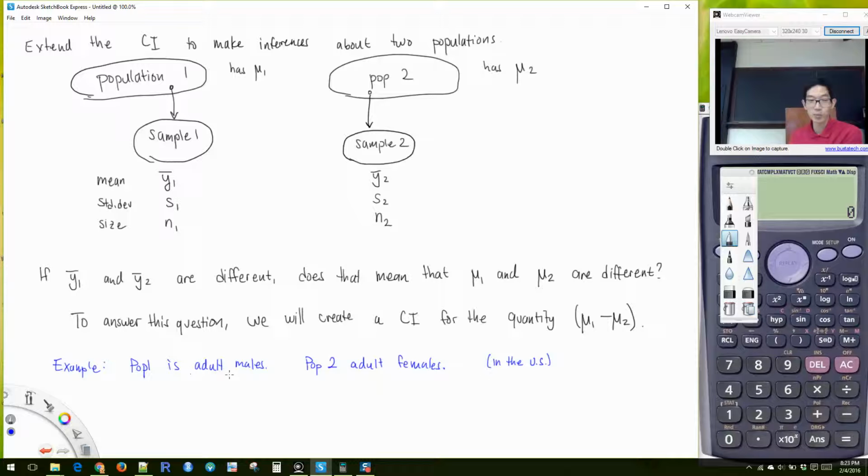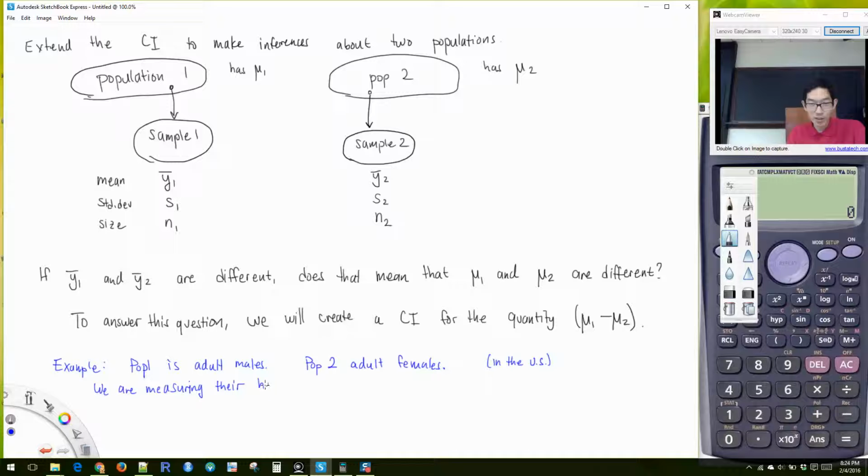So the example: population 1 is adult males, population 2 is adult females, and we are measuring their height. I'm sorry, maybe I skipped saying this.